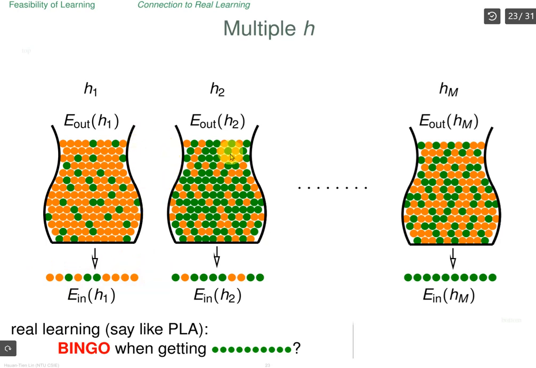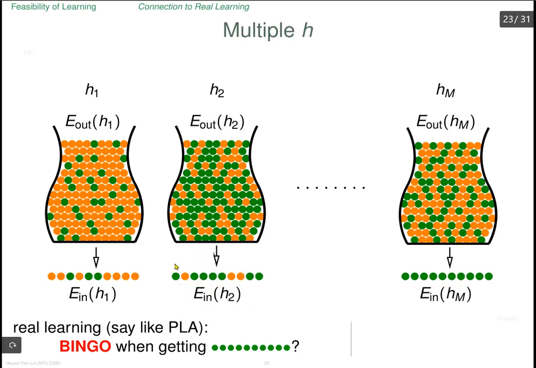If we extend to the multiple bin case, we have different in-sample performances and different hypotheses, and like in the perceptron learning algorithm, we select the one with the smallest in-sample error. Extending it to multiple bin cases will work like the perceptron learning algorithm. For instance, we have M hypotheses again, so our target is to select the hypothesis which gives us mostly green marbles.